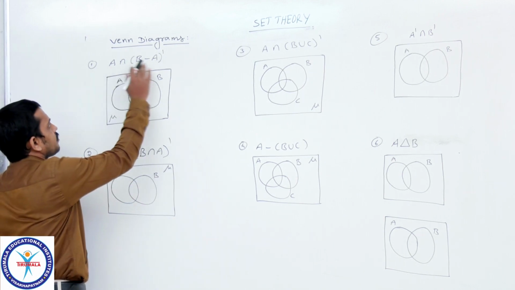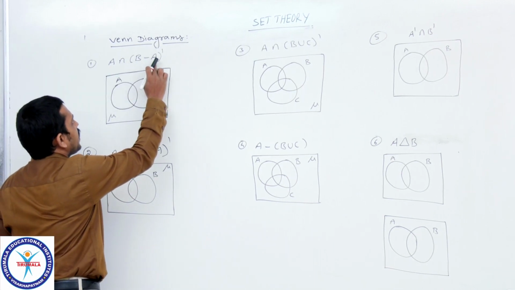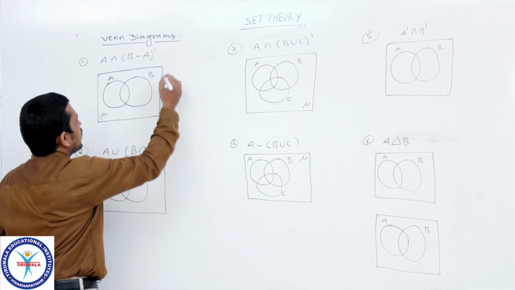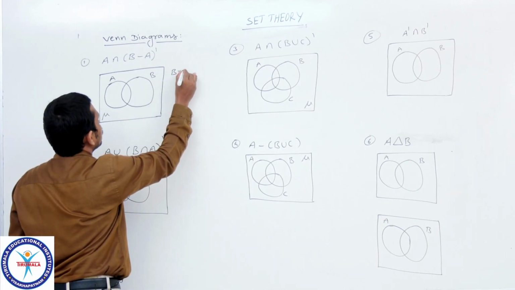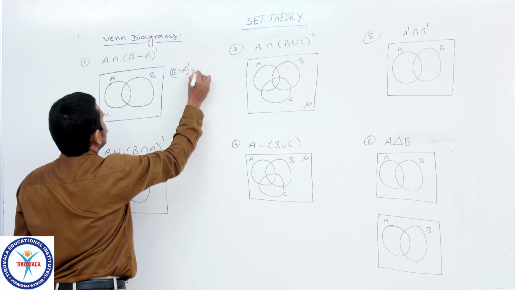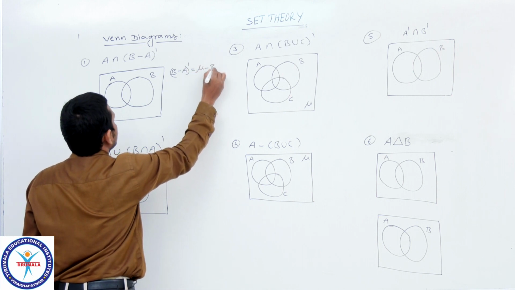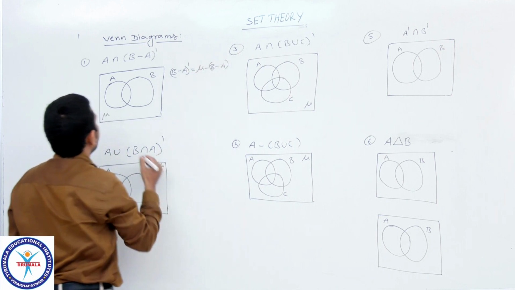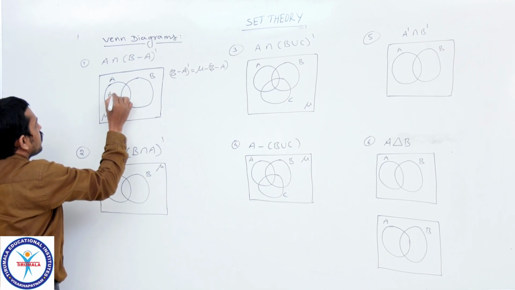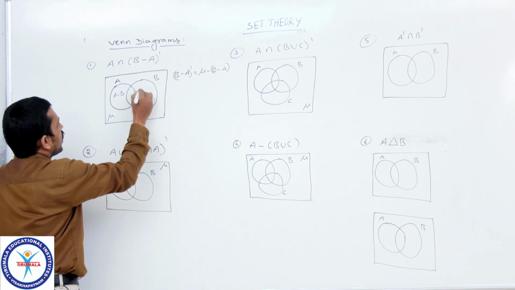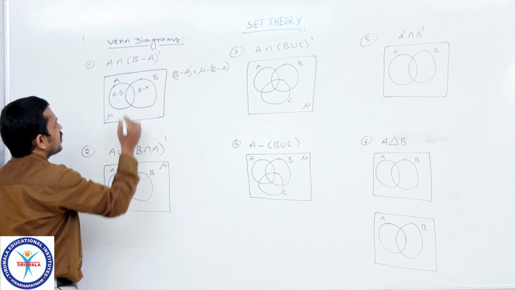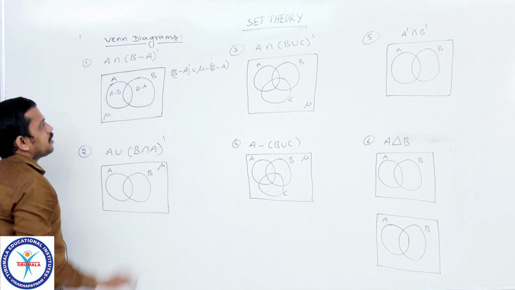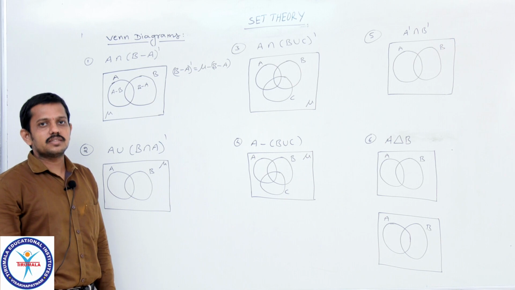In this case, first we have to consider B minus A complement. What is B minus A complement? B minus A complement is equal to the universal set minus B minus A. Here this is the region A minus B, this is the region B minus A, and this is the common region of A and B, A intersection B.